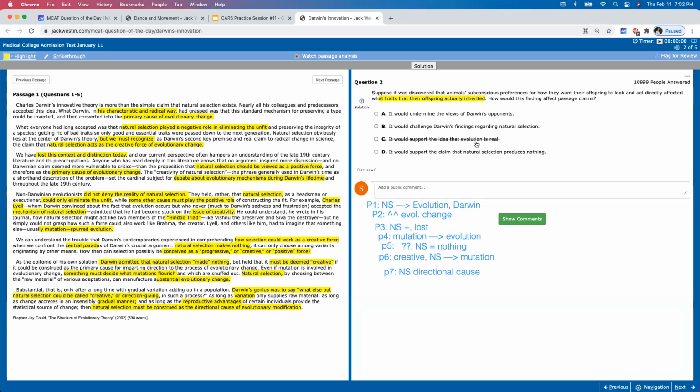It also doesn't support the claim that natural selection produces nothing. And it doesn't undermine the view of his opponents. So we have to be careful there. The only choice we're really left with is B, because it would challenge his natural selection finding. We're going against that because we're saying something other than natural selection is the creative force here. Does that make sense?